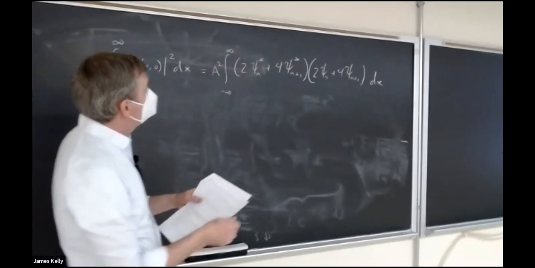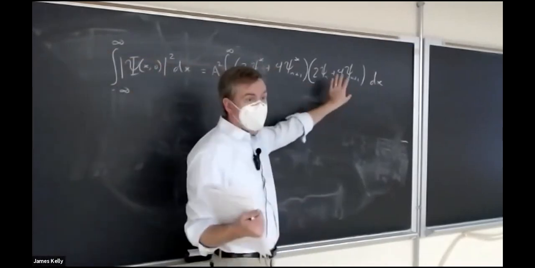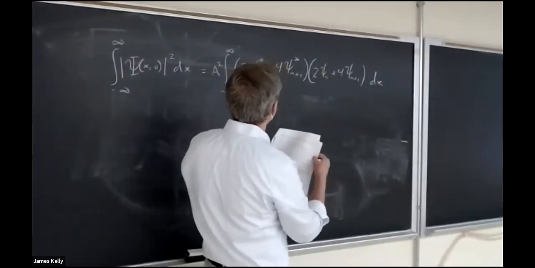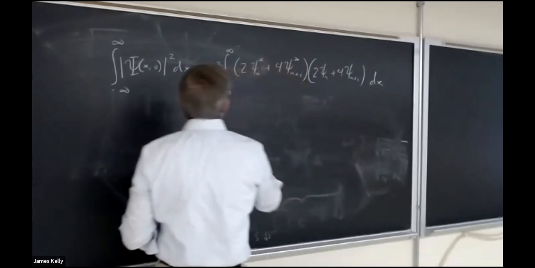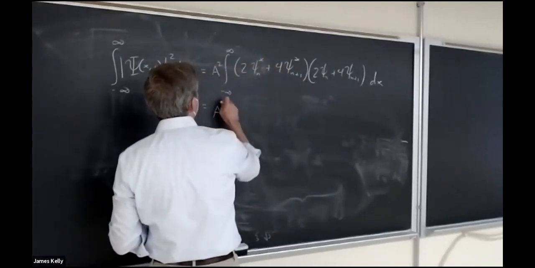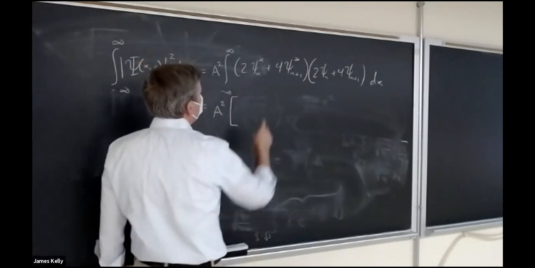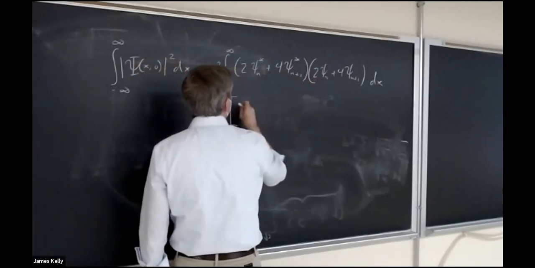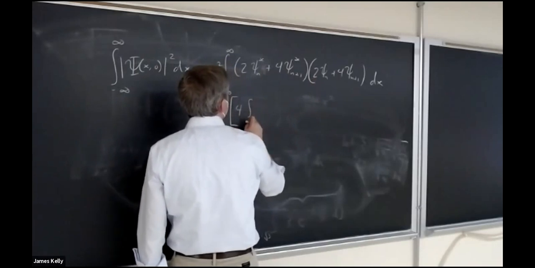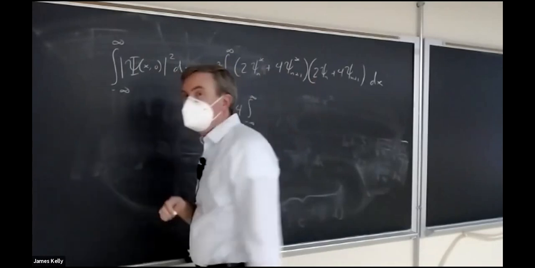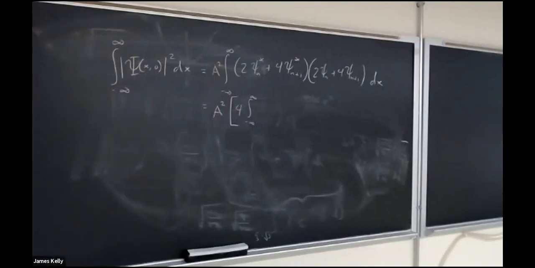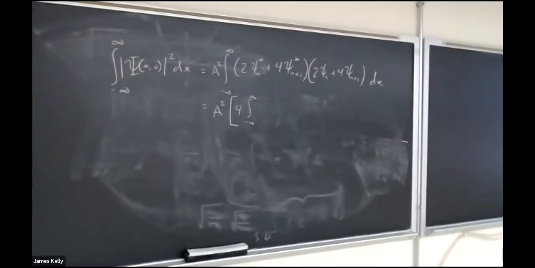So this simplifies to 4 integrals when I multiply this all out, or FOIL it out if you like. I'm going to add the 4 integrals together. The first is a squared times 4 times the integral from minus infinity to infinity of the magnitude of psi n squared dx.